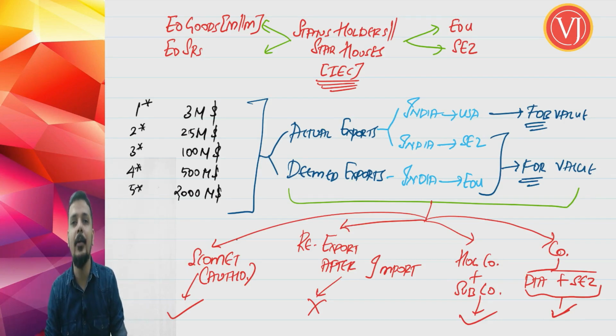Say for example, the DTA unit of Reliance Limited is 10 million US dollars, and the special economic zone unit of Reliance Limited is 20 million US dollars export. Now they will club together and see their total export, which is 30 million US dollars. Both these units will get the 2-star export house category. So this clubbing is allowed. Friends, you have to remember this.